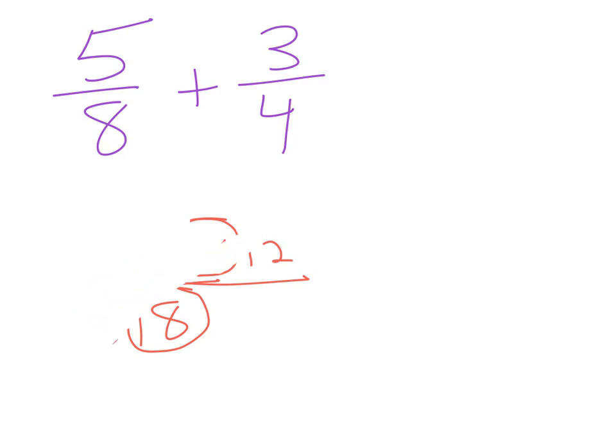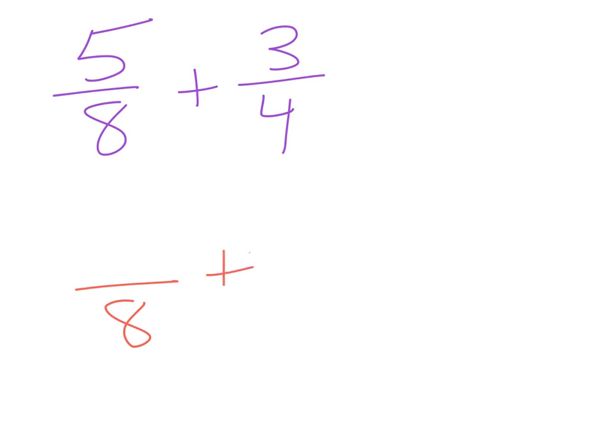Let's go ahead and get this out of the way. We decided that 8 is going to be our common denominator, which means we're going to change both of these fractions to something over 8. As you guys are probably thinking, one of them already has the denominator of 8. What that means is I don't have to change the numerator. So 5/8 can just stay 5/8 since it has the denominator I want.